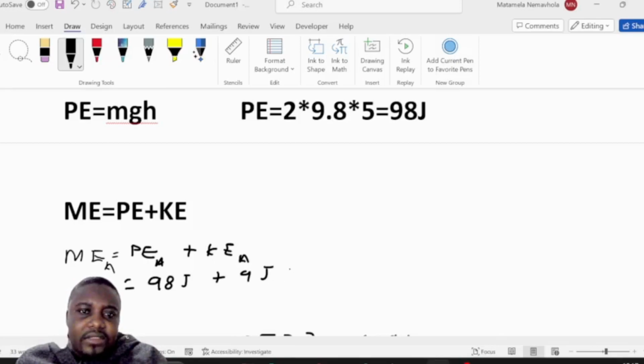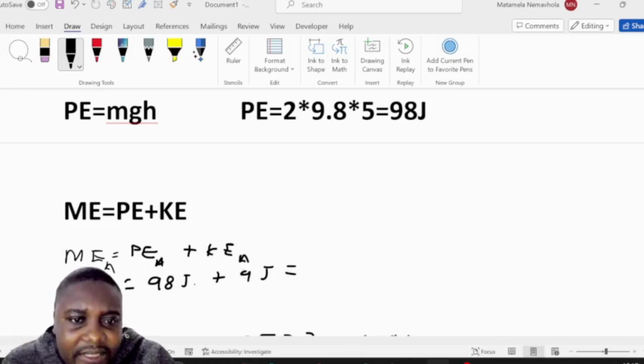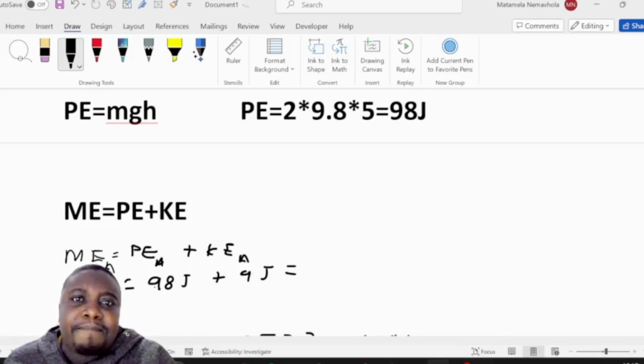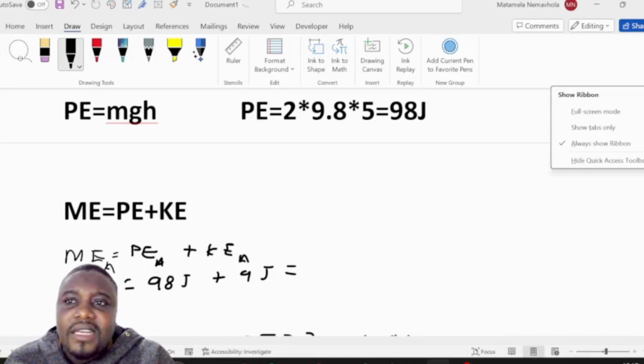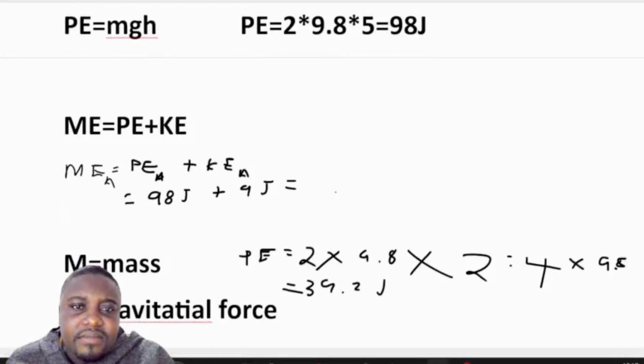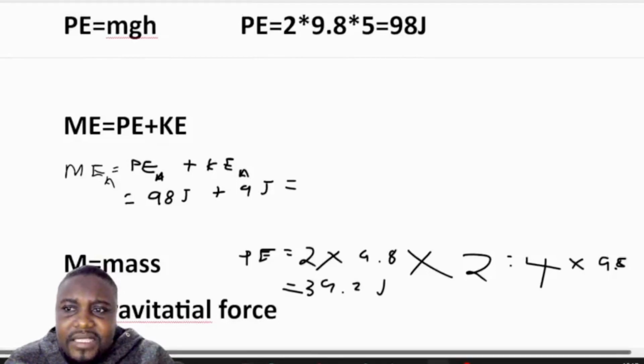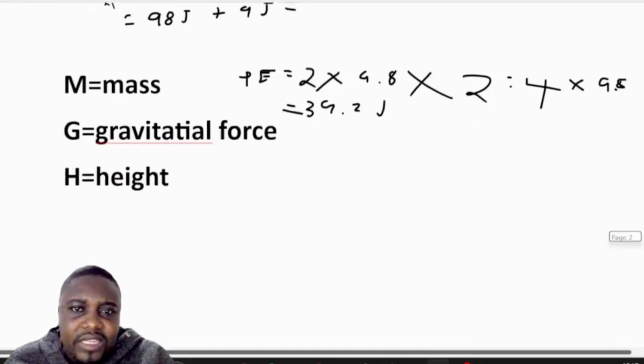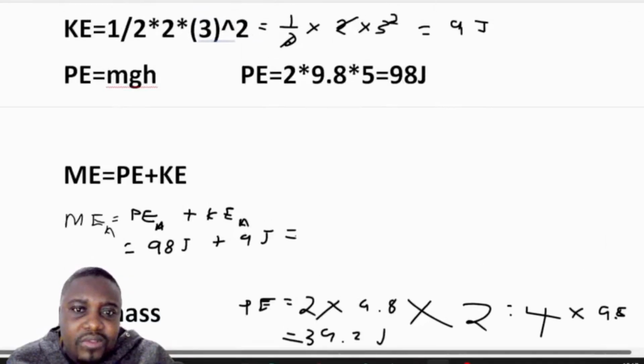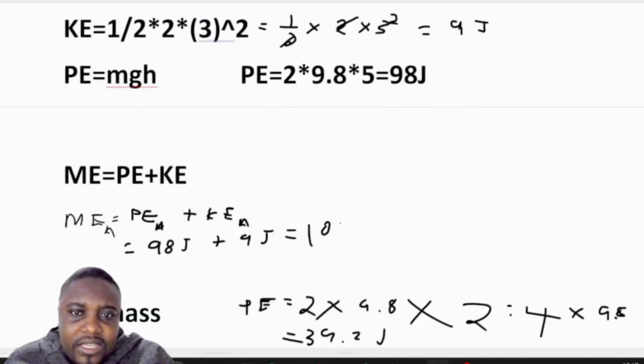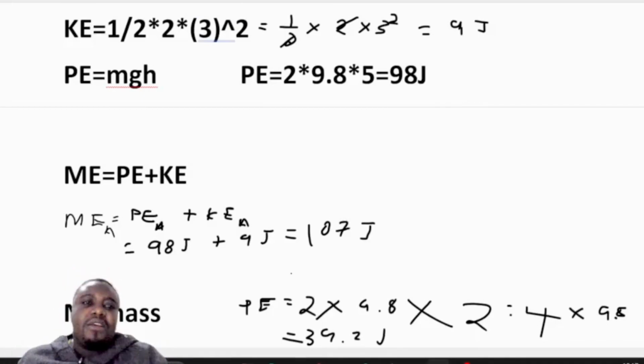So the answer is 98 plus 9, which is 107 joules. You can use your calculator to add them. So this is the mechanical energy at A.